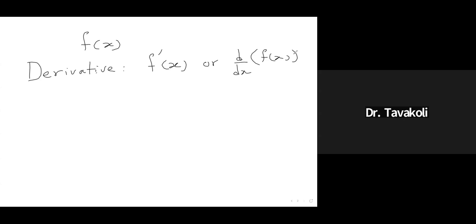And there are also other notations, as you have seen in Calc 1. And also the other concept that you have seen in Calc 1 was the concept of an integral. And as you might remember, the stretched s is the notation which is used for the integral of a function.